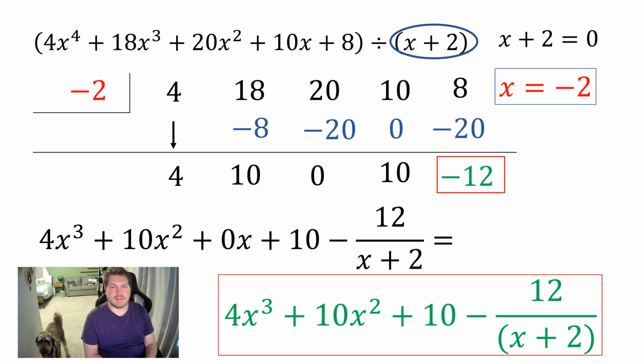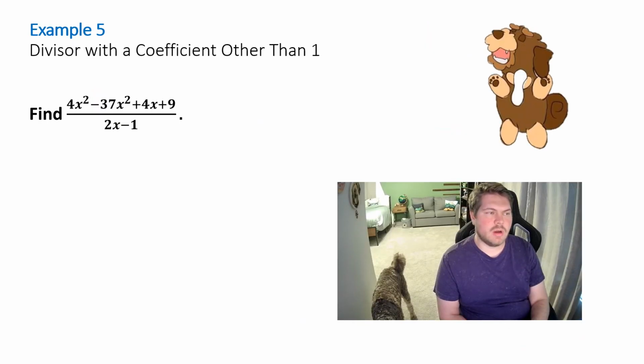Again, it looks crazy complicated, but it's pretty easy. The only thing that might be a little bit hard is if we had a fraction. Or if we had one that didn't work as well, which I'm actually going to show you now. So if you're dividing with a coefficient other than 1, let's see how the book does it.